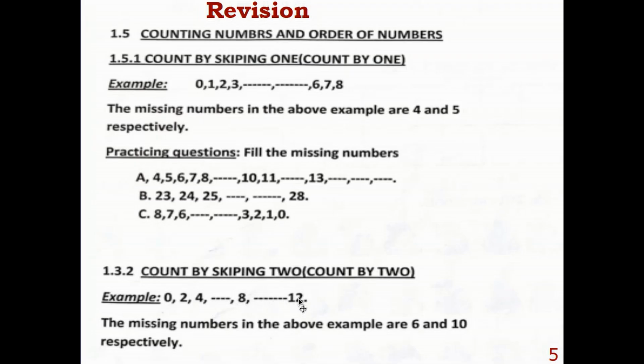So these numbers, we can say they are even numbers, with a difference of 2 in each consecutive number. So the missing numbers in the above examples are 6 and 10. If you can see the pattern, the missing numbers are 6 and 10. This is what we have seen last time.